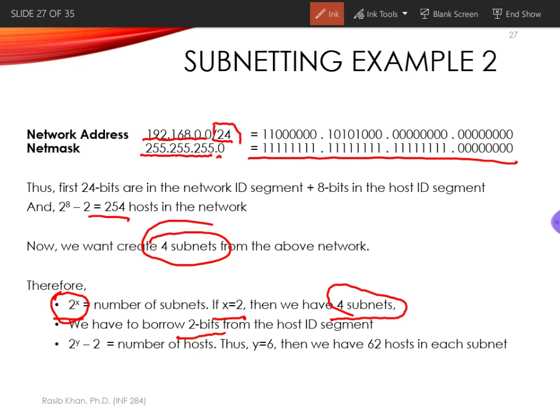Before we had 8 bits for the host ID, now we have 6, and therefore 2 to the power 6 minus 2 is equal to 62, which means that for each of the 4 subnets, we now have 62 hosts in each subnet.